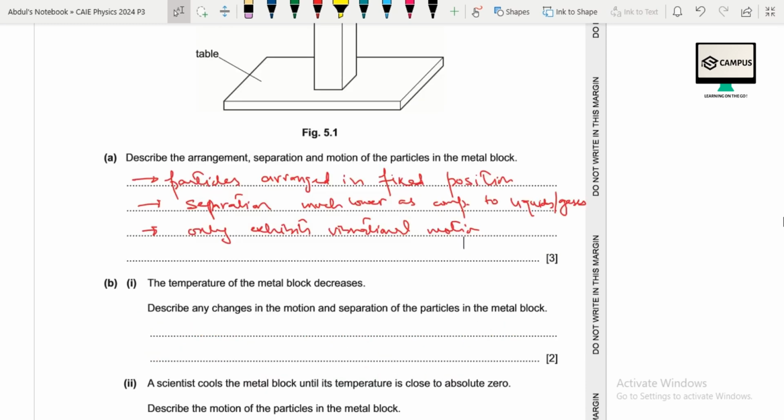All right, coming on to part B1, the temperature of the metal block has decreased. Describe any changes in the motion and separation of the particles in the metal block. Now, the temperature is directly related to the total internal energy of the substance. Since the temperature has decreased, the internal energy has decreased. Therefore, the motion of the molecules, which was vibratory in nature initially, the magnitude of vibratory motion would decrease.